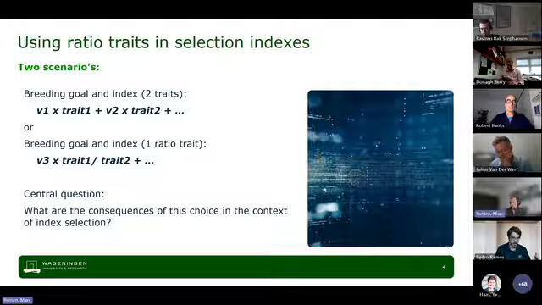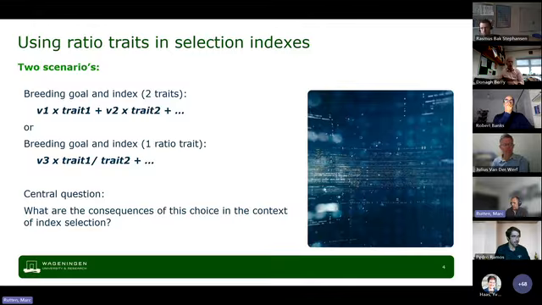So if we think about ratio traits in selection indices, what can be done if you think about the component traits is to use both underlying traits, and I call them trait 1 and trait 2, abbreviated as T1 and T2 during the presentation.